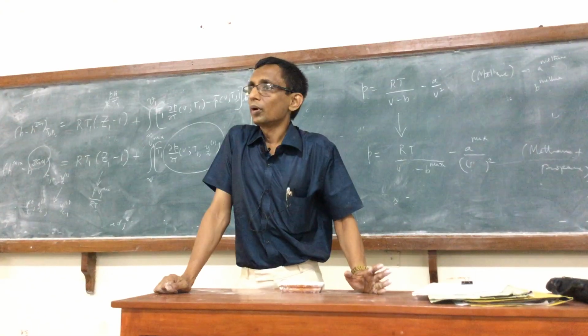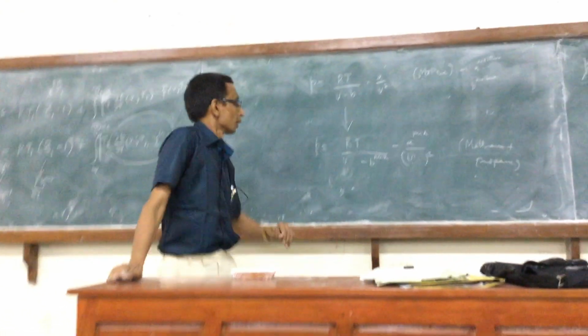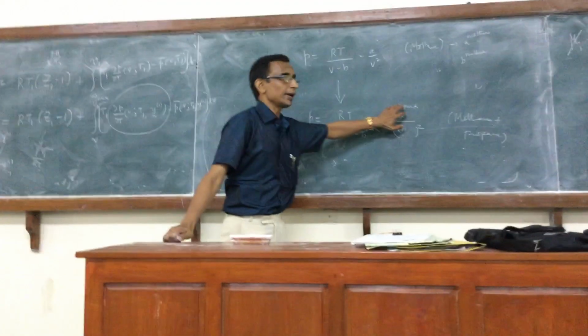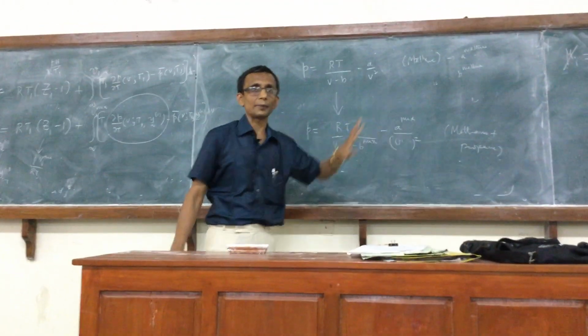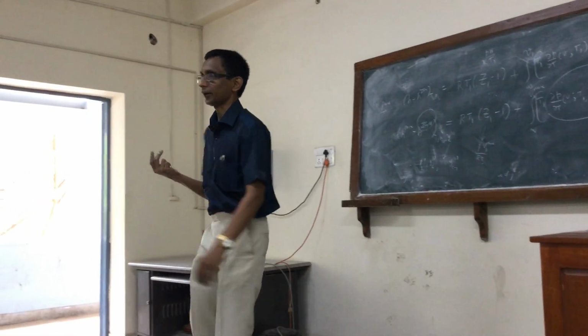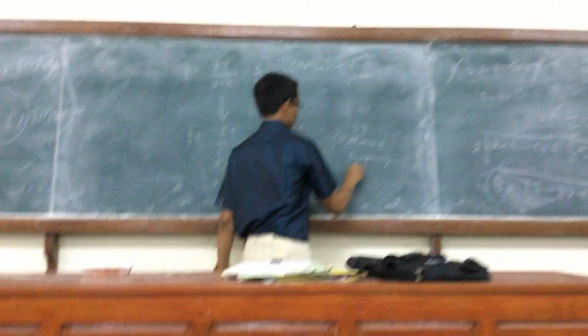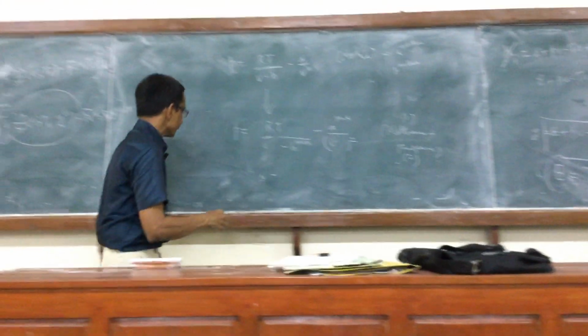But now, what I do is I relate the mixture parameters to the pure component parameters. Right? Let's say I call them 1 and 2, by what are known as mixing rules.